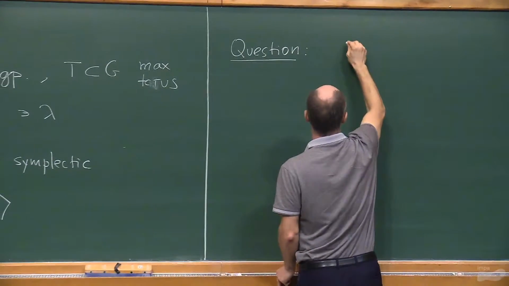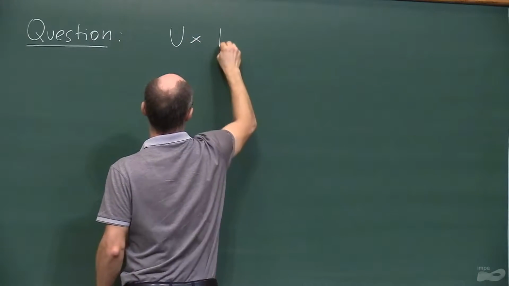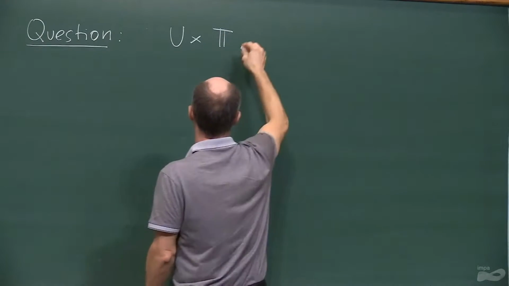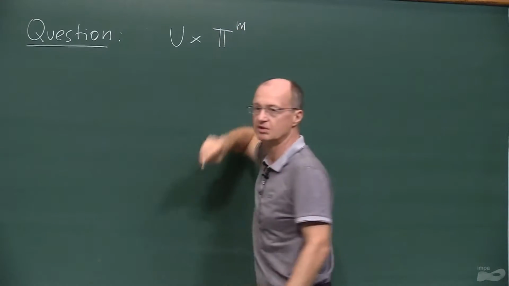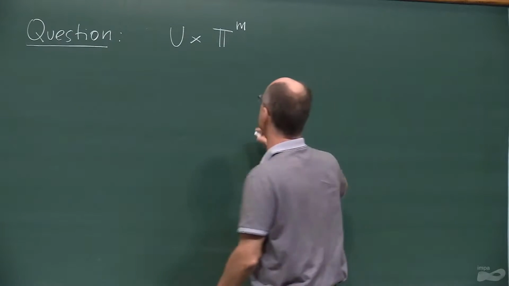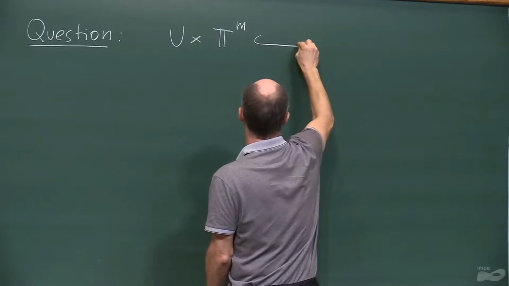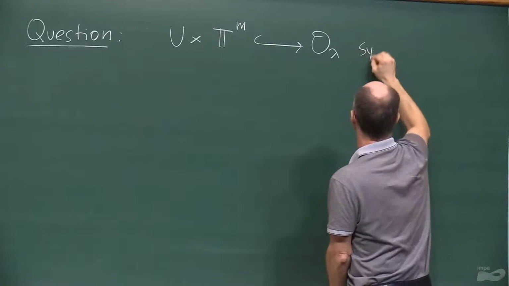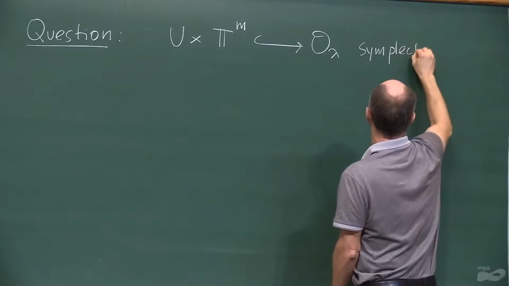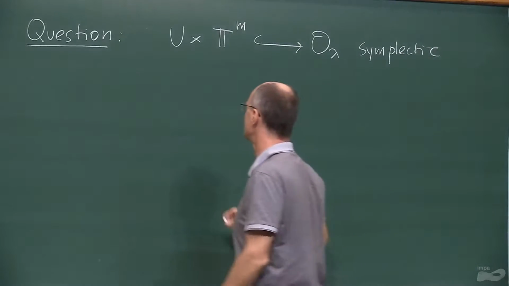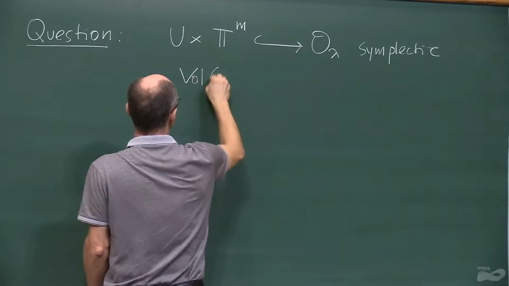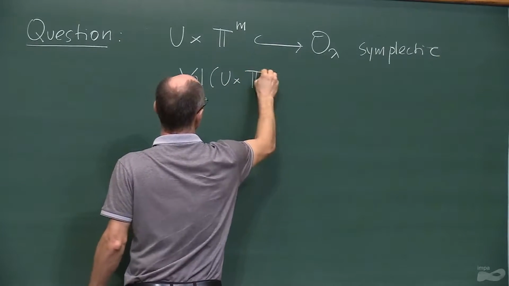So we would like this U times T of some appropriate dimension. Let me still leave it to be m, and then we'll discuss what it is. We want it to map in a symplectic way inside the coadjoint orbit. And if possible, what does large mean?